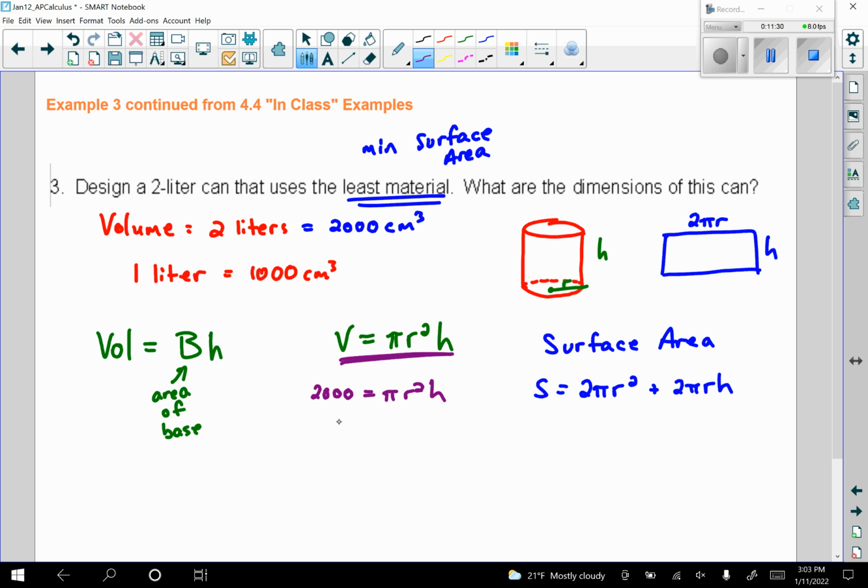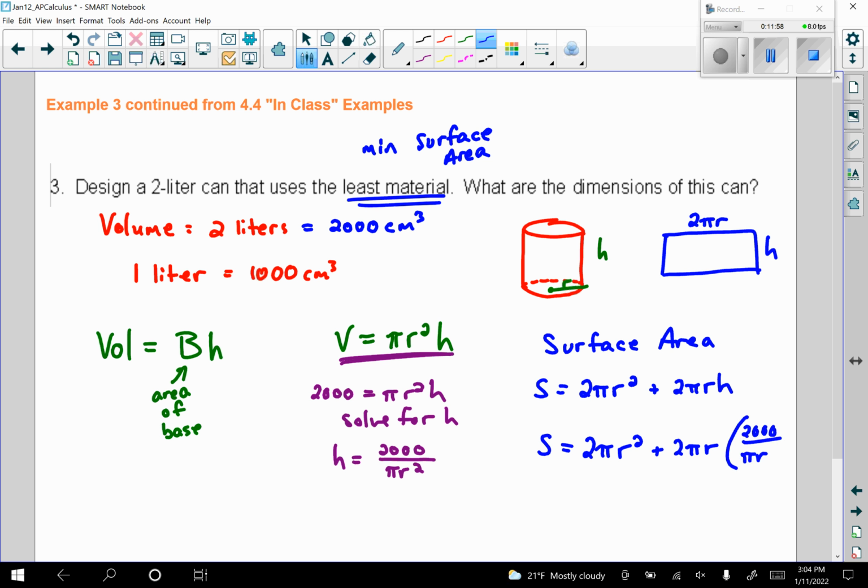We want to solve this for h, so simply divide 2,000 by pi r squared. So now our surface area, all in terms of r, becomes 2 pi r squared plus 2 pi r, and then h is 2,000 over pi r squared.